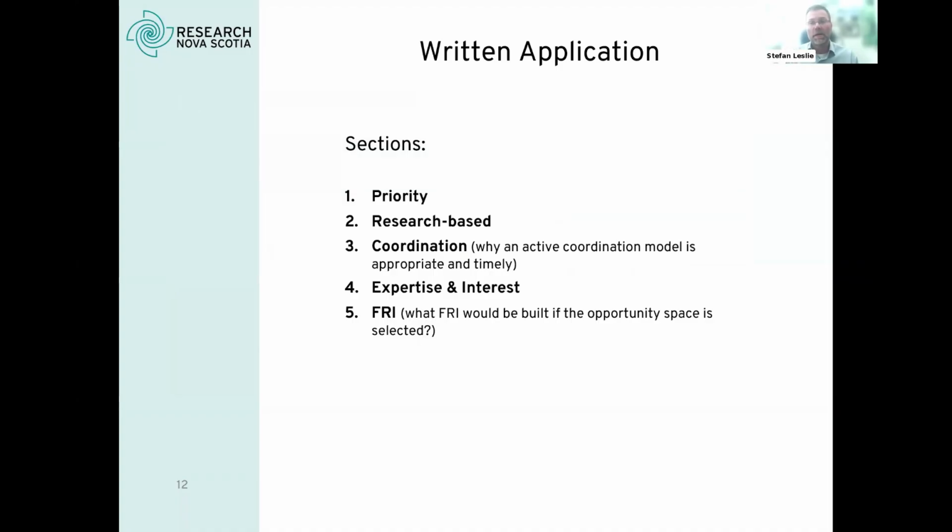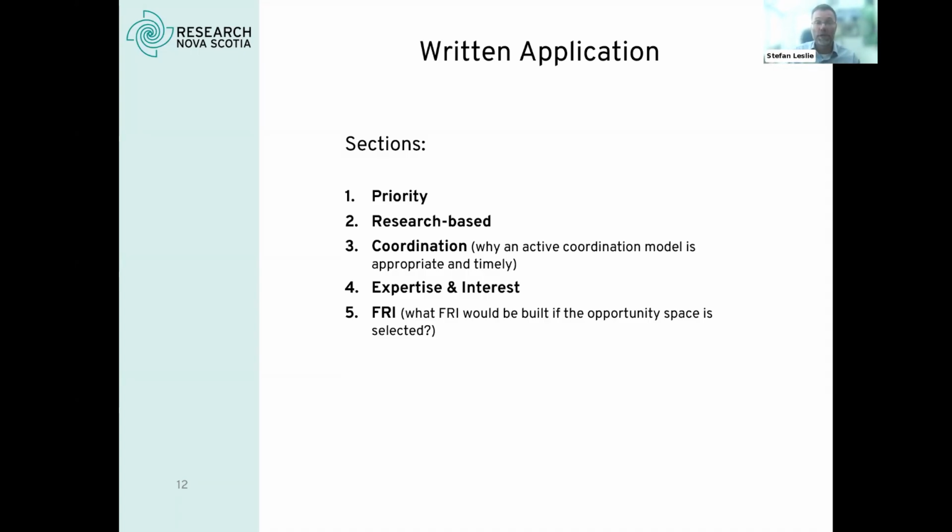So the sections of this written application for the opportunity space ask you to address the following 5 areas, which then, of course, map to the evaluation that we have to undertake to identify the opportunity spaces that we will invite to develop a full proposal for an FRI. So the first, describe how this is a priority. Second, describe the research and its relevance to achieving the outcomes within that priority area.